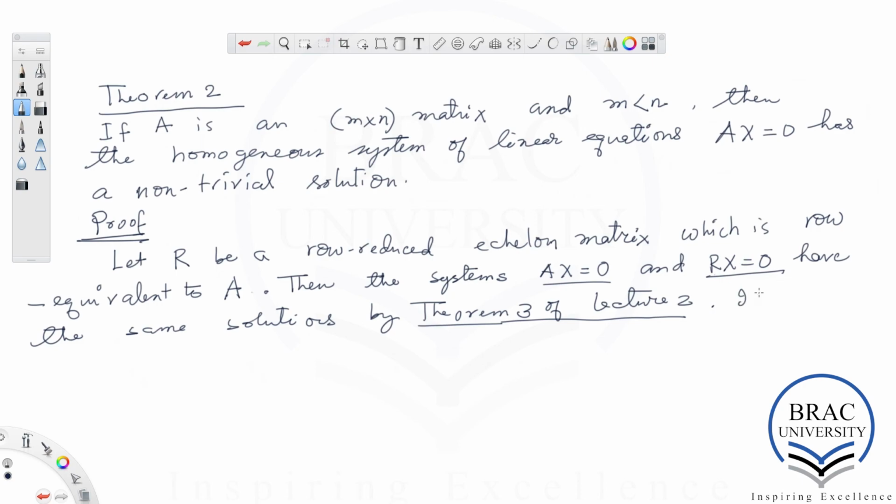So if r is the number of non-zero rows of R, because R is a row-reduced echelon matrix, you can immediately find the number of non-zero rows in that row-reduced echelon matrix.